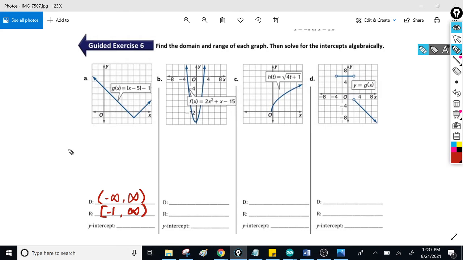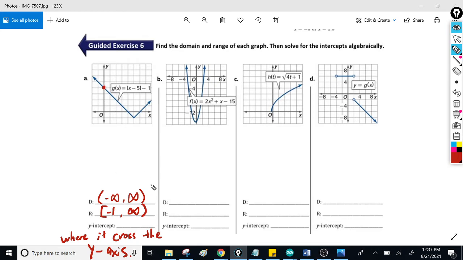And then the last thing you have to do is solve for the y-intercept. So y-intercept is where it crosses the y-axis. So that means it is going to be right here.